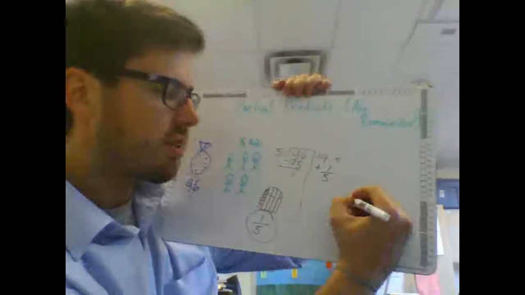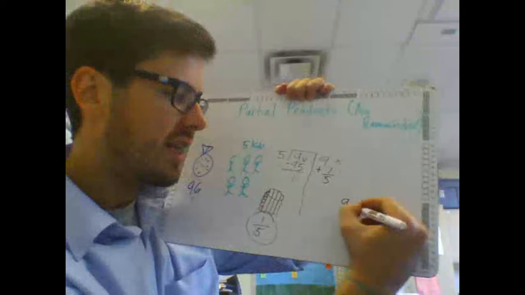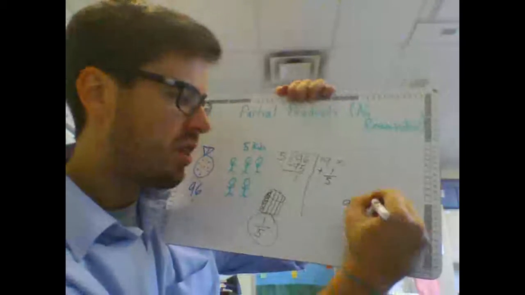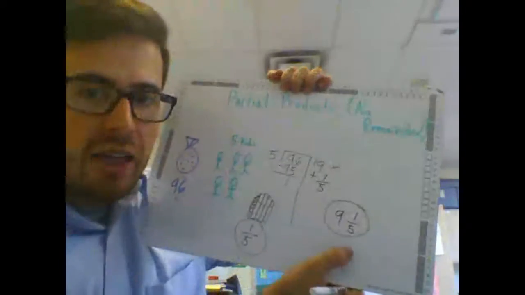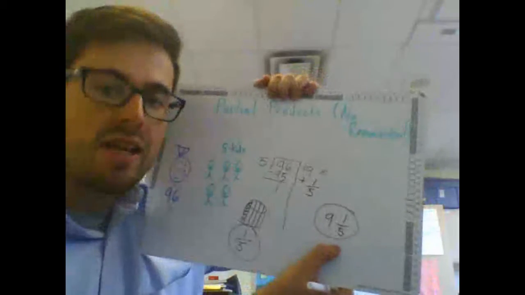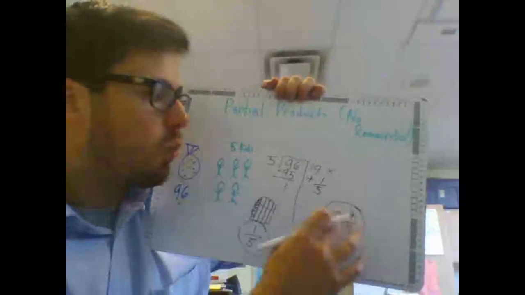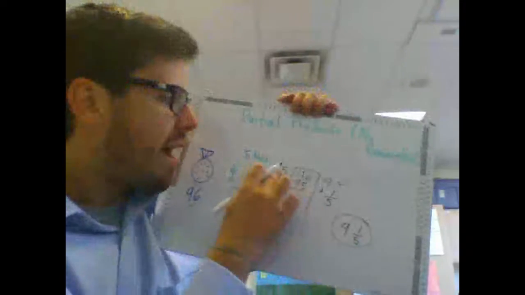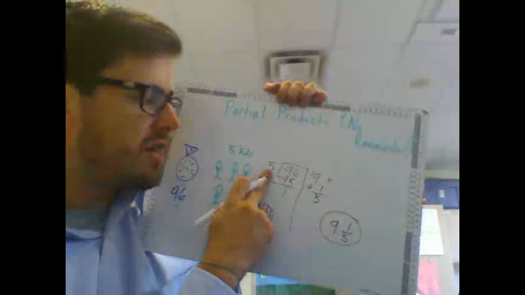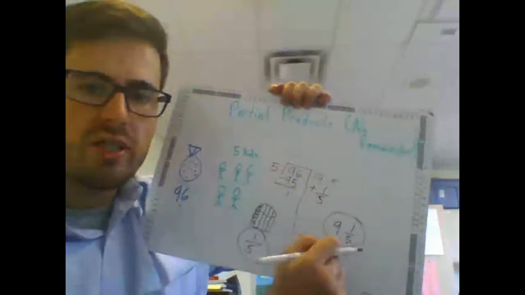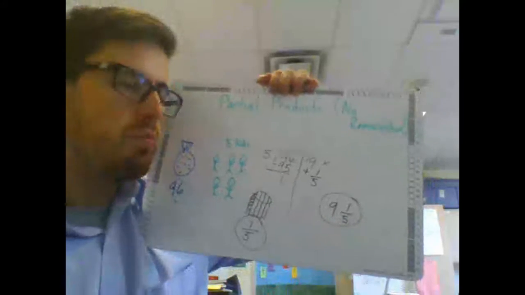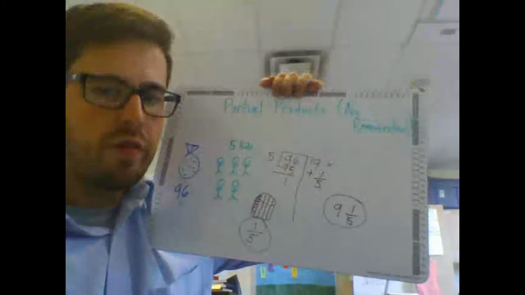Or let me write this a little bit clearer: 19 and 1/5. As a fraction, this is how we would represent it with no remainders. We had 5 kids that we wanted to divide into, and we had 1 left to divvy. Our answer would be 19 and 1/5.